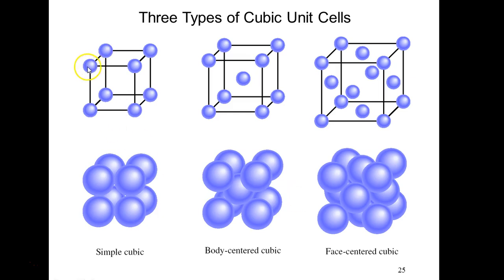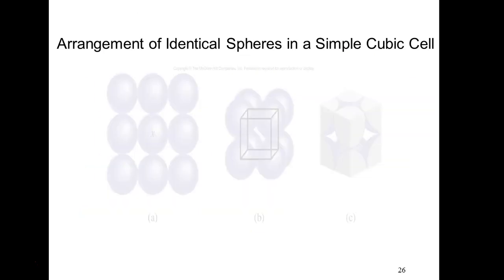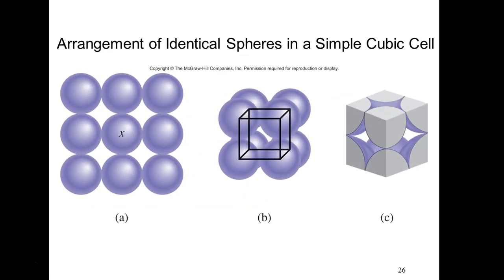You can notice in this one all of them are just grabbing a corner, whereas this one has one in the center where they're all grabbing a corner, and in this one you have them grabbing a lot of different faces. This is a progression of how you can fit more atoms in a particular unit cell and become a closer packing crystalline solid. So let's first talk about a simple cubic cell.